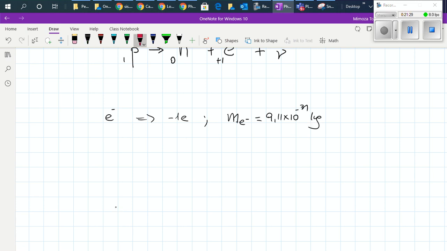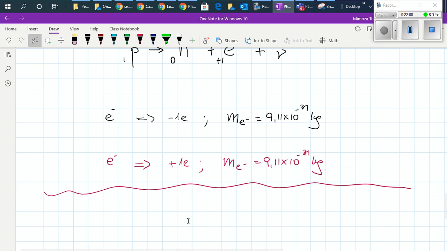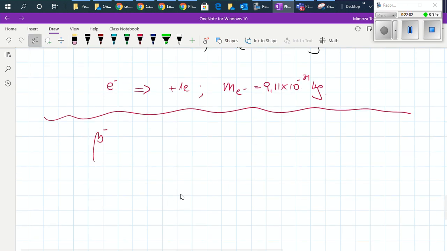The antimatter of the electron is known as the positron, and the charge of the positron is +1 elementary charge, and the mass is 9.11 times 10 to the power of -31 kilogram. So besides the quantum number, everything else is the same.